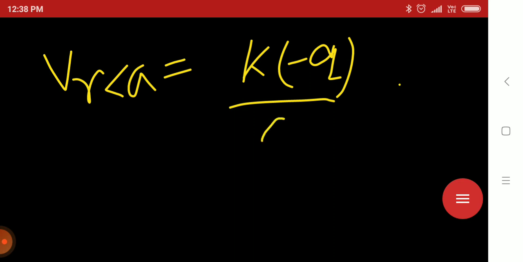Constant radius means here for surface of radius A, where the minus q charge is there, what is the radius? Radius is A. And with respect to surface of radius B, the position is also inside.